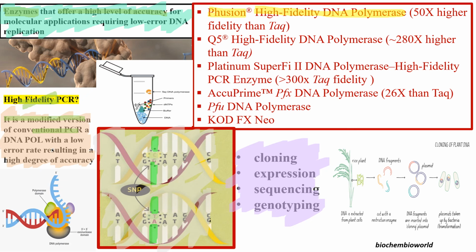But in case I require very accurate results, I switch to high fidelity DNA polymerases, and the examples are Fusion, which is 50 times higher fidelity than Taq; Q5 high fidelity DNA polymerase, approximately 280 times higher than Taq; Platinum SuperFi II DNA polymerase, a high fidelity PCR enzyme with approximately greater than 300 times Taq fidelity; AccuPrime Taq DNA polymerase, 26 times that of Taq; Pfu DNA polymerase; and Kodak FX Neo. These are some of the examples of high fidelity DNA polymerases.